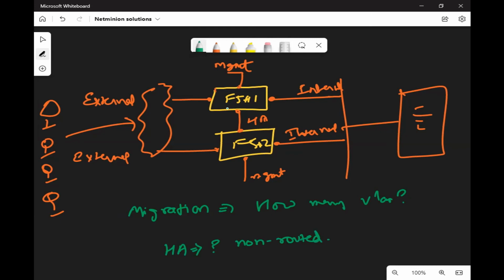HA VLAN can be in between your devices, so only a layer 2 VLAN will work for us. We will assign one IP here, one IP there. That need not be routed over in our internal zone or external zone.